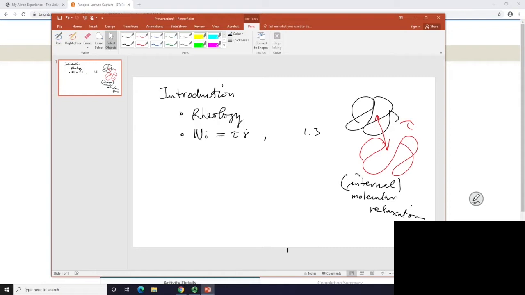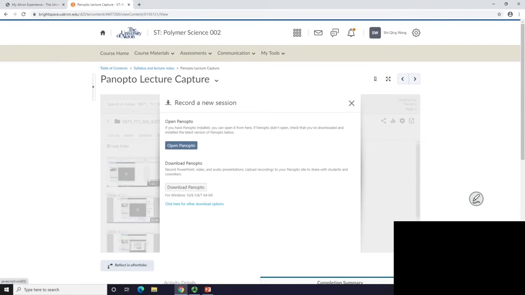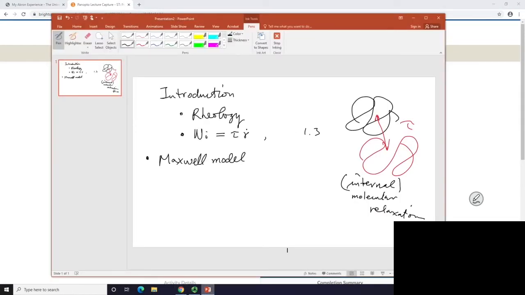This notion that there is some structure, it doesn't have to be our polymer structure, it can be anything that is viscoelastic. And therefore, one needs to have a very generic way to speak about it. And this is something, of course, Maxwell long ago figured out how to think about.